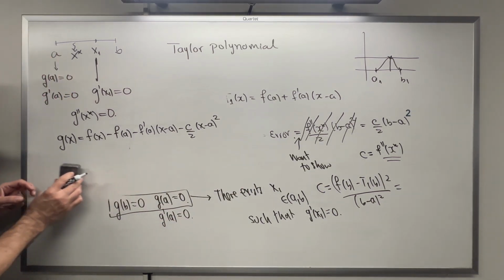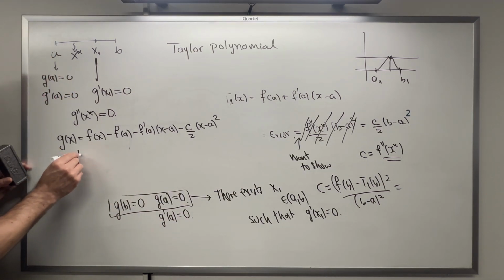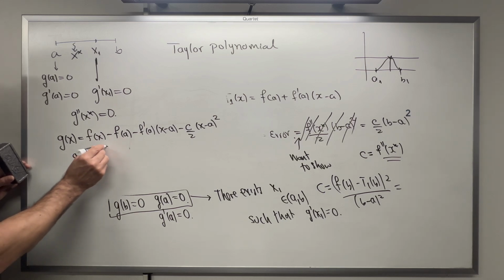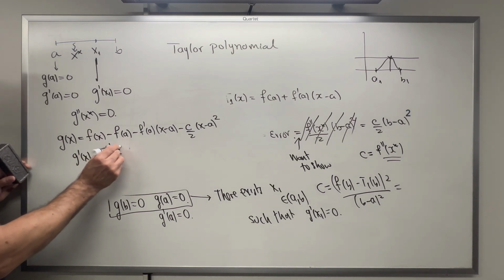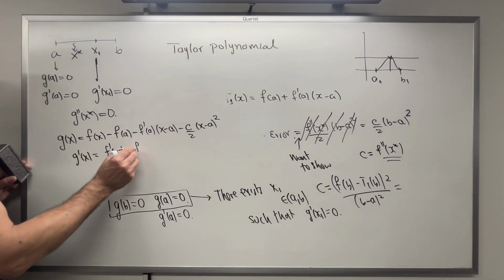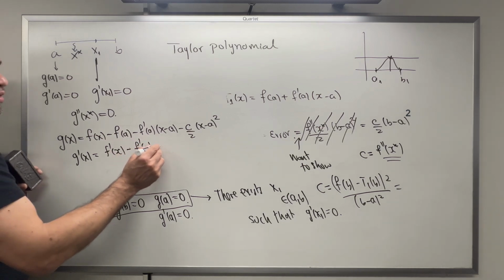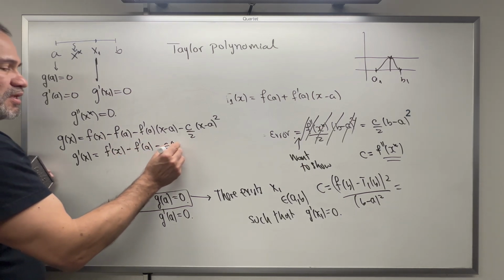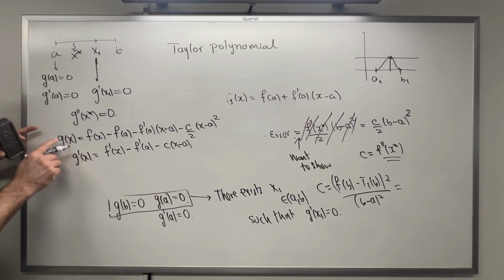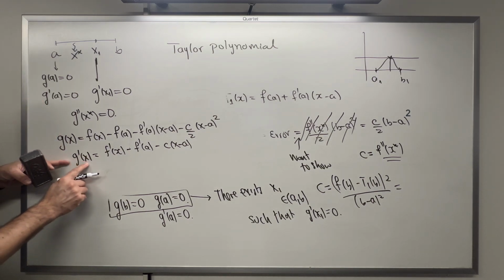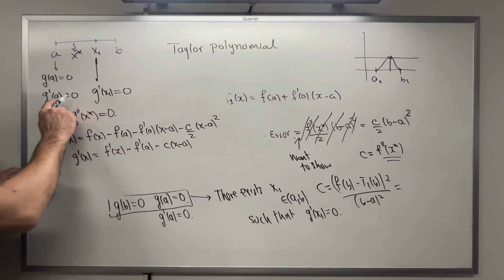Then g prime of x is just f prime of x minus f prime of a minus c times x minus a. As I pointed out before, g prime of a is 0 as well.